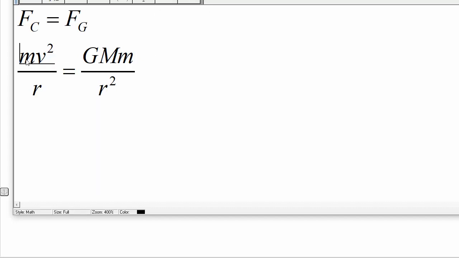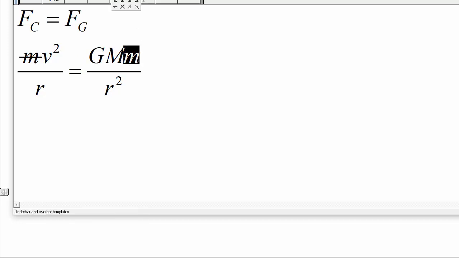If you'll notice, lowercase m, that's the mass of the satellite, appears on both sides of the equal sign. Therefore, I can cancel them out. We don't need to know the mass of the satellite to figure out how fast it has to go. We'll also notice that the radius down here cancels with one of the two radii over here.